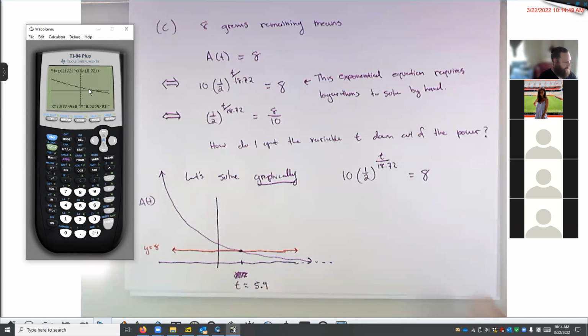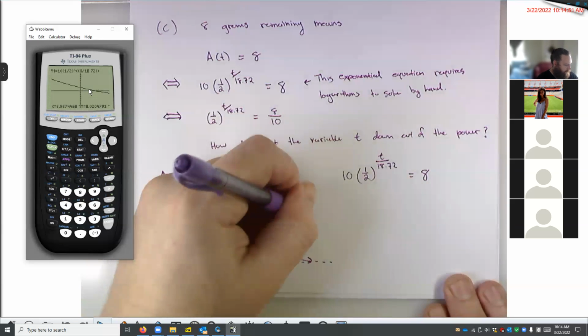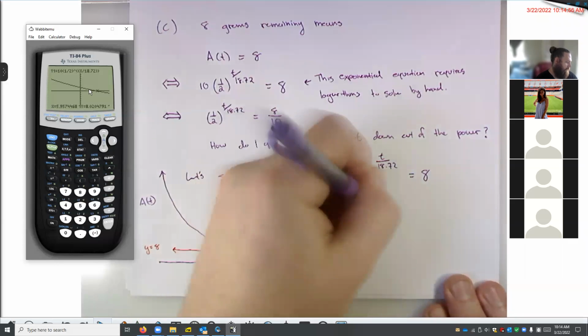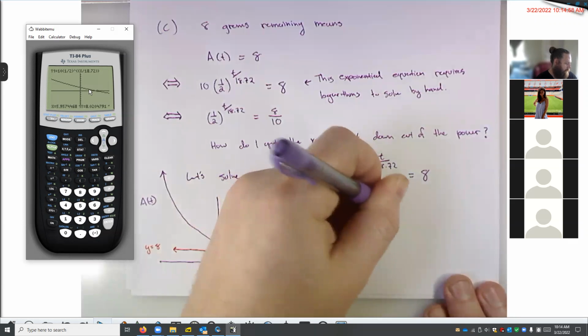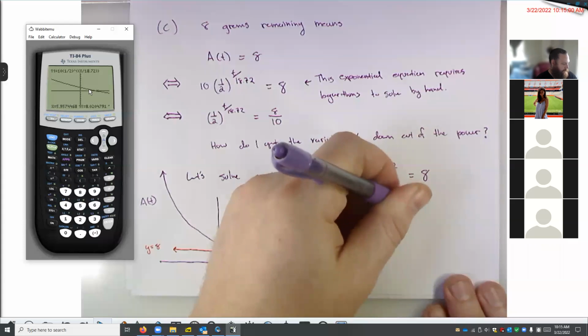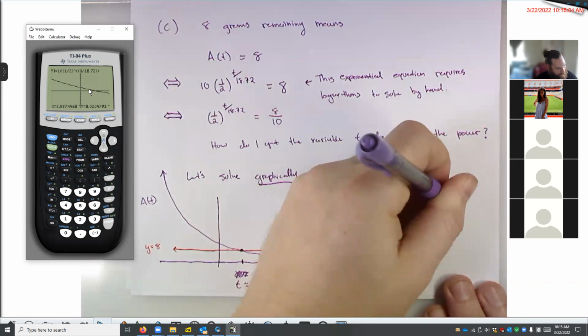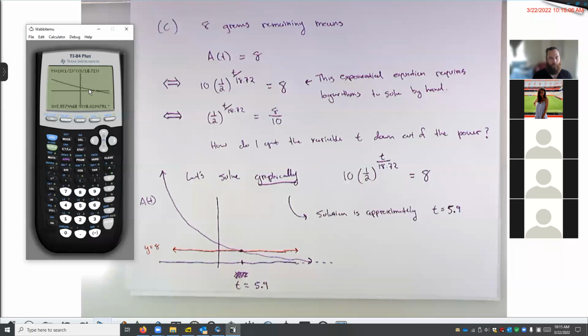So graphically, the solution is approximately t equals 5.9. And we can try to get more precise, again, by playing with the table.